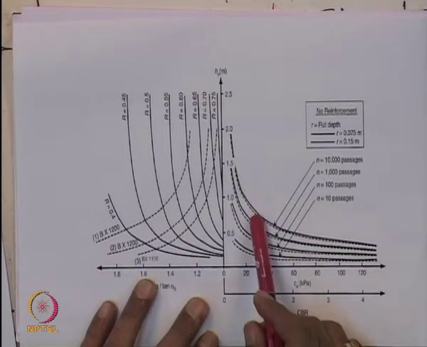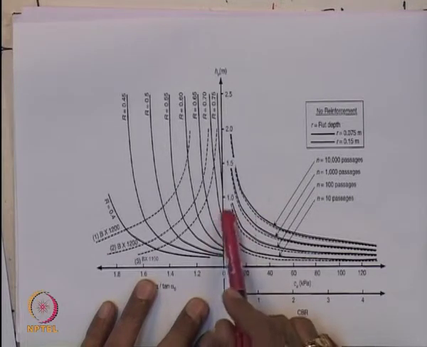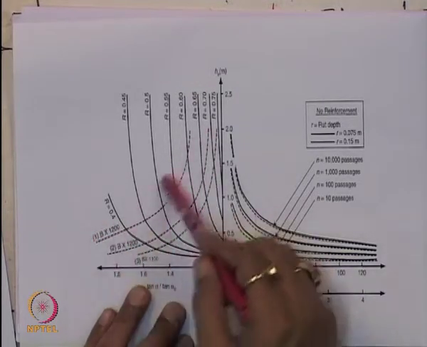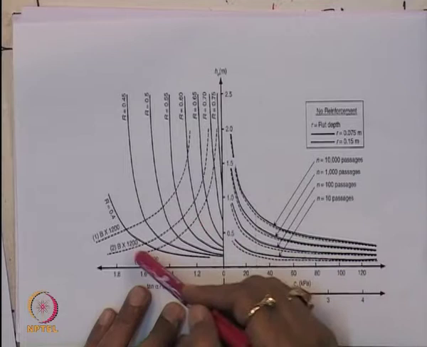So when you use the curve on the left hand side, you know the thickness of the unreinforced case, and then you extend it and you select the geogrid material. These are the different geogrid materials.